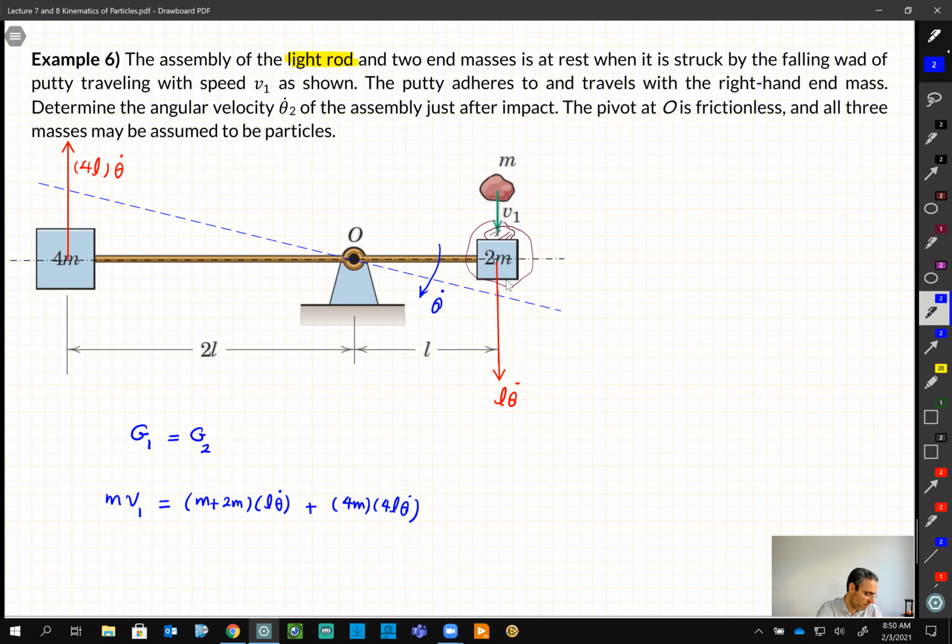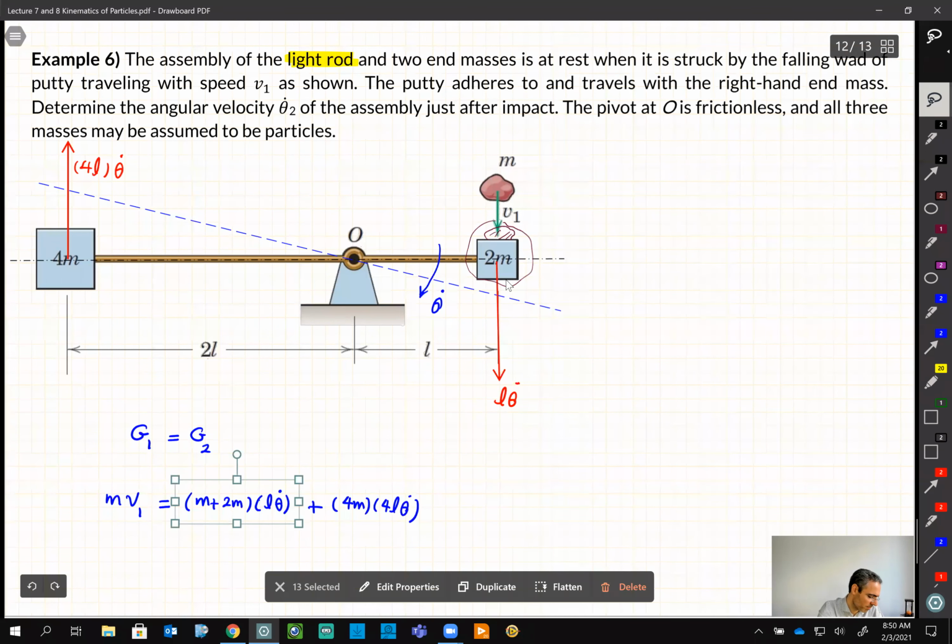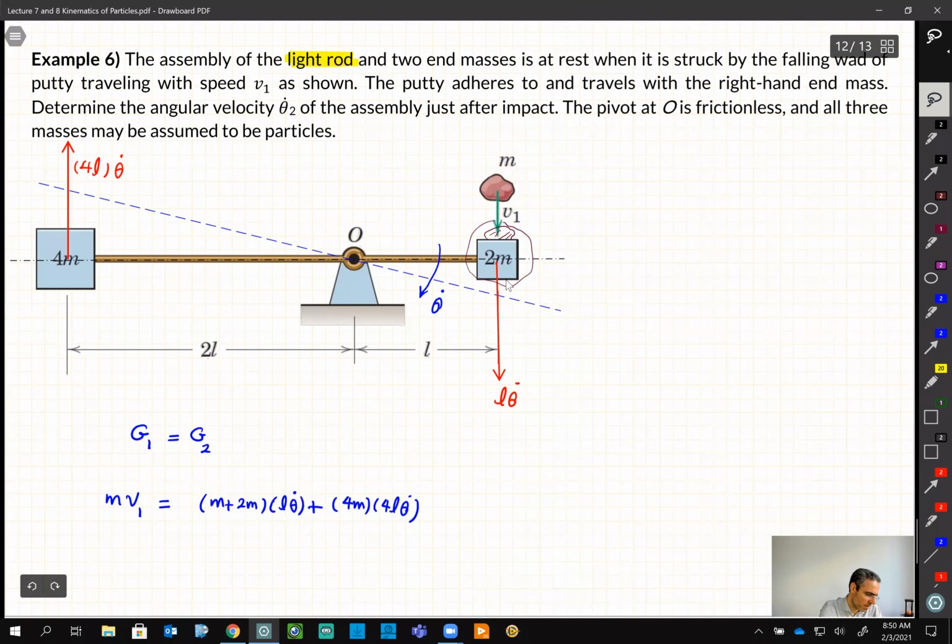Oh, we missed something here. This guy has to be negative, right? If this is positive, then this guy has to be negative. So this is negative, this is negative. And can we find theta dot here?